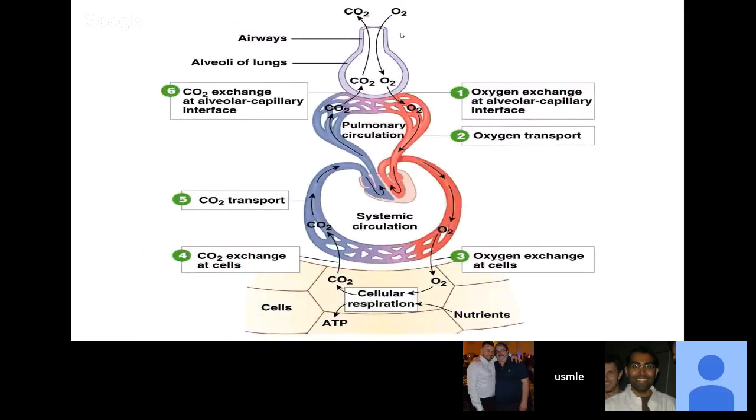So this is what I was saying. The first exchange would be within the alveoli: oxygen exchange within the alveoli going to the arterial circulation, exchange within the cell respiration, CO2 is rejected and goes back to the lung through the vein system, and release of oxygen.